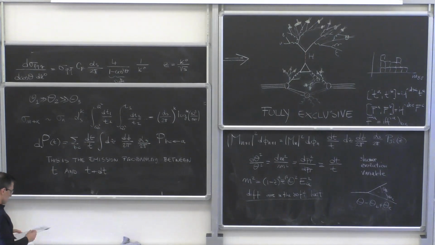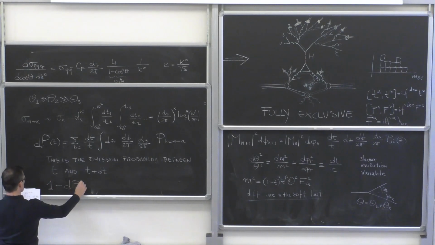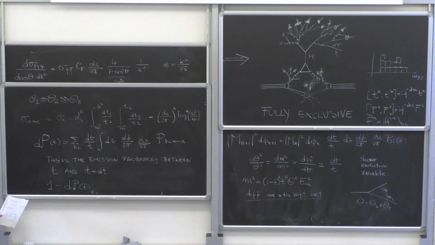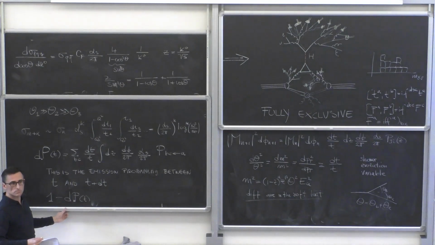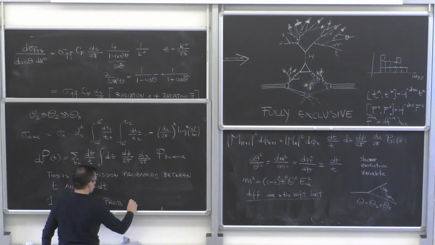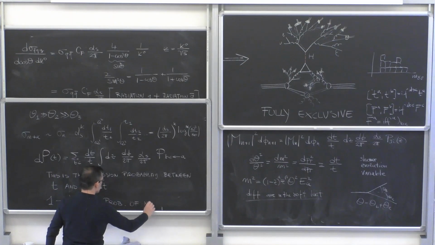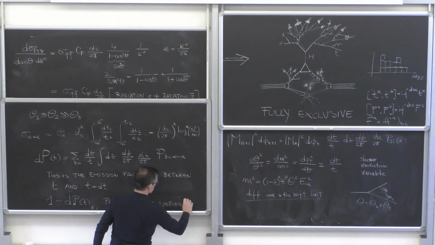Then I can define 1 minus dP(t) as the probability of not branching, or not emitting, between t and delta t. Okay, so this is the differential probability of not emitting in the interval t and dt.